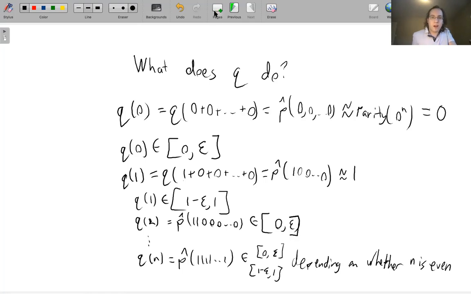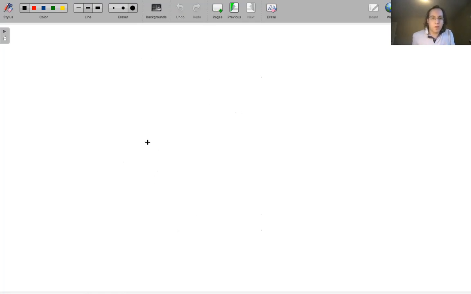Okay, so let's plot this graphically. If we plot the graph of Q, here we have these X and Y axes. Let's say this is 0 here, and this is 1 over here.